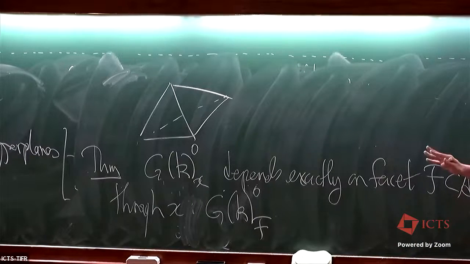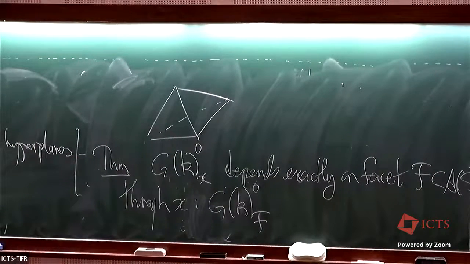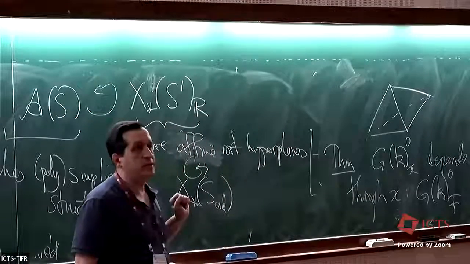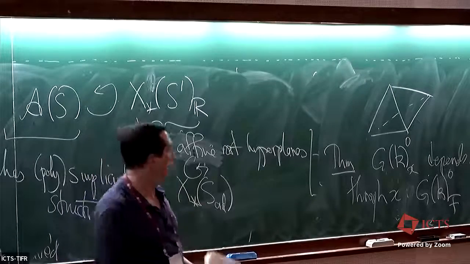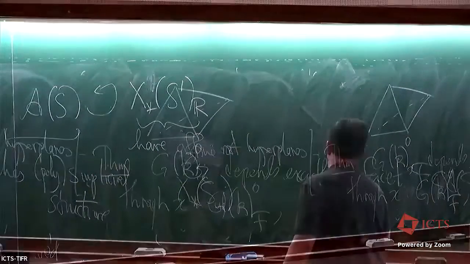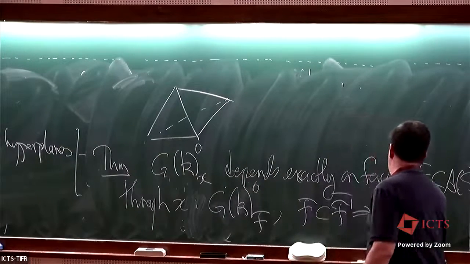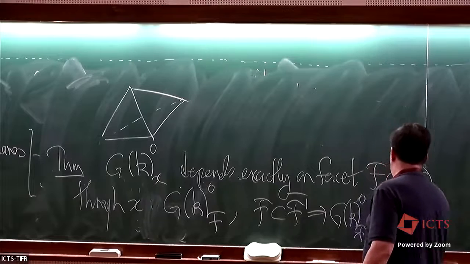Okay, so for each facet in terms of this polysimplicial structure, all the points in that facet turn out to give rise to the exact same subgroup. And if you have points at different facets, you get genuinely different subgroups. Furthermore, if one facet is inside the closure of another, then the associated groups are included the other way around.